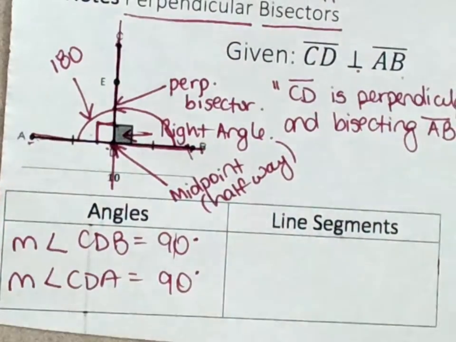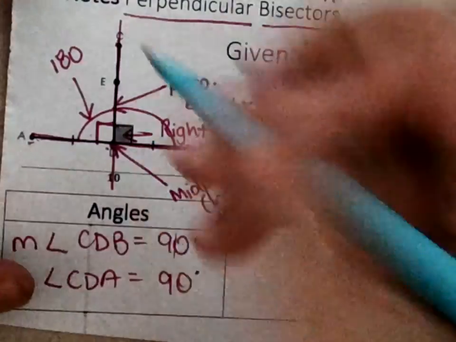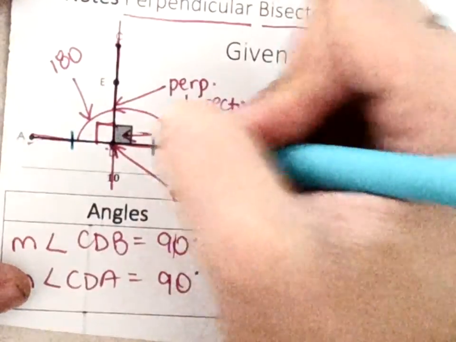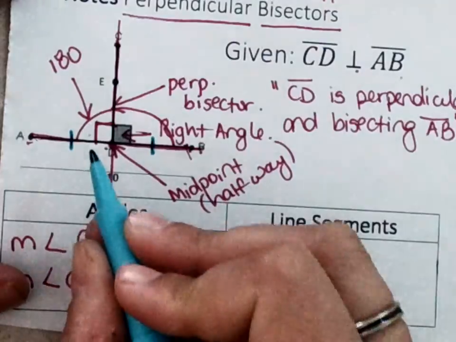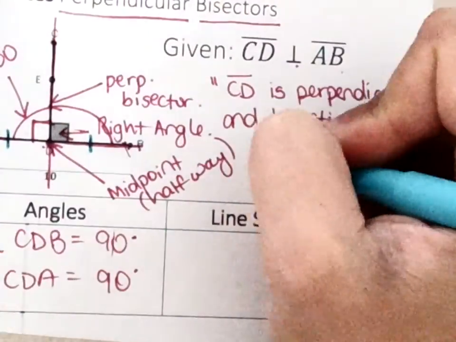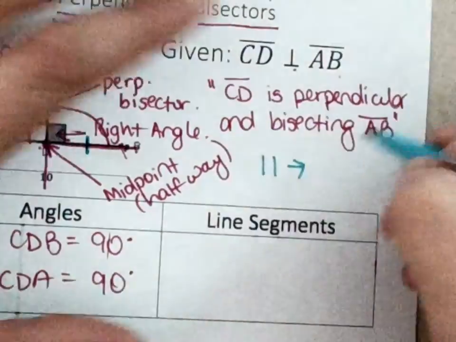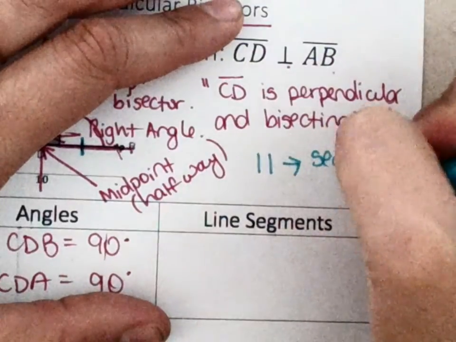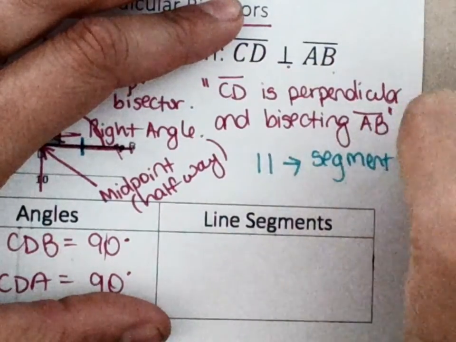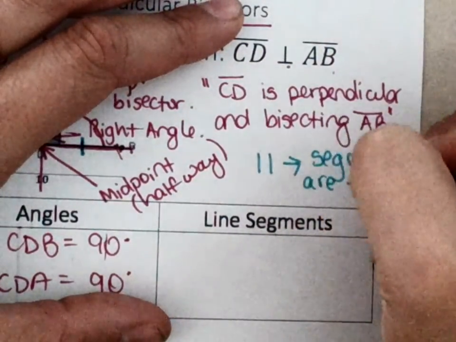We see that also because they've notated it using these two lines. These two lines mean that the segments are equal.